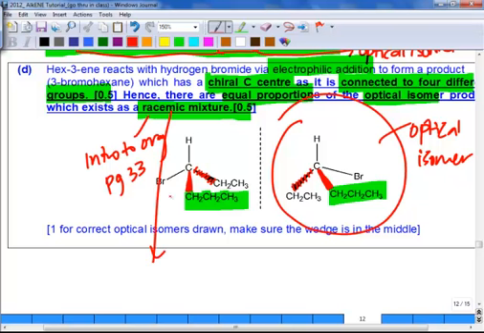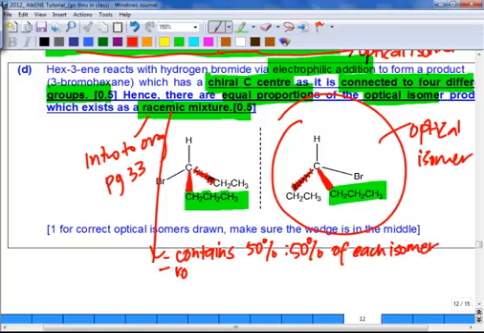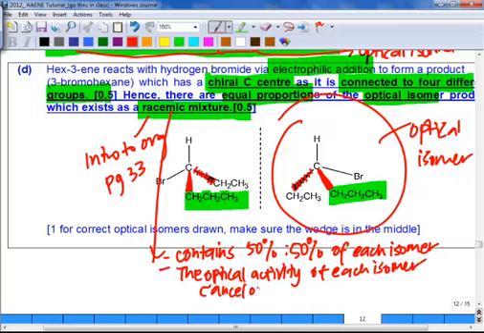Racemic mixture, just take down this part: contains 50% of each isomer. The optical activity of each isomer cancels out that of the other.